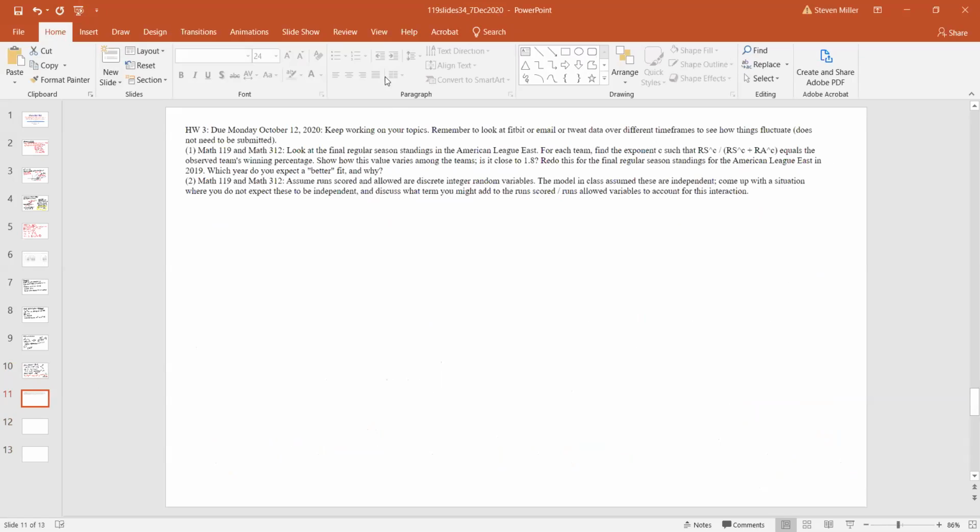Okay, so the first question from homework number 3 is look at the final regular season standings in the American League. For each team, find the exponent C such that runs scored to the C over runs scored to the C plus runs allowed to the C equals the observed team's winning percentage. And so we have an interesting equation to solve.